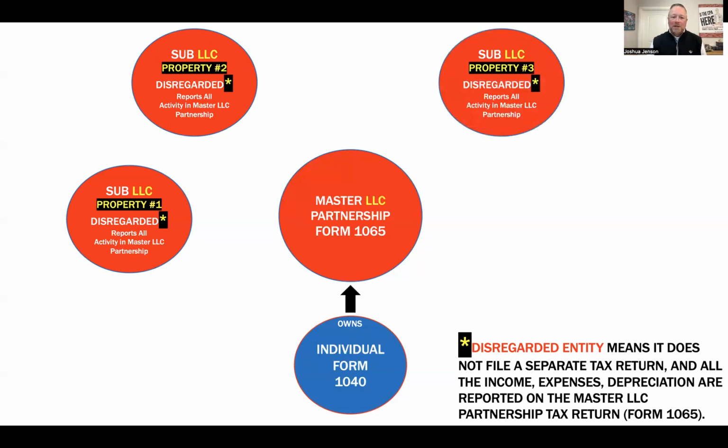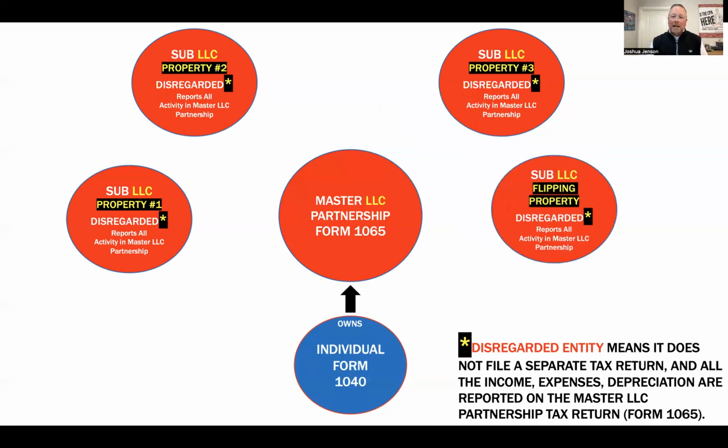What this means is that if there's a lawsuit related to whatever LLC number one sub owns, then only those assets inside that LLC would be available for any kind of taking care of the liability that could come out of that. Same thing with 2 and 3.